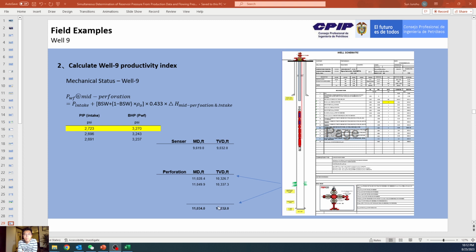The middle perforation is at 10,332 TVD feet. Using the intake pressure, BSW, and the delta H between the middle perforation and the sensor, we can get the PIP and the flowing pressure for each node.